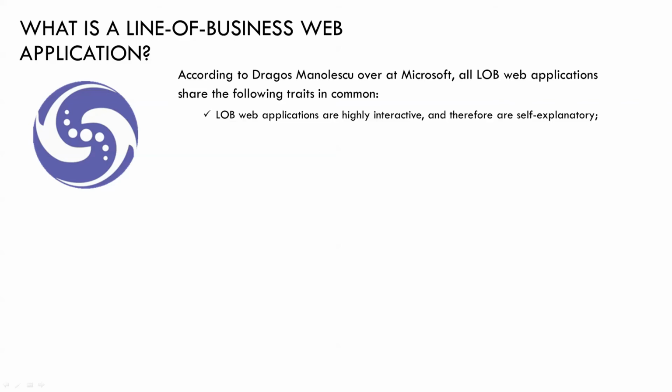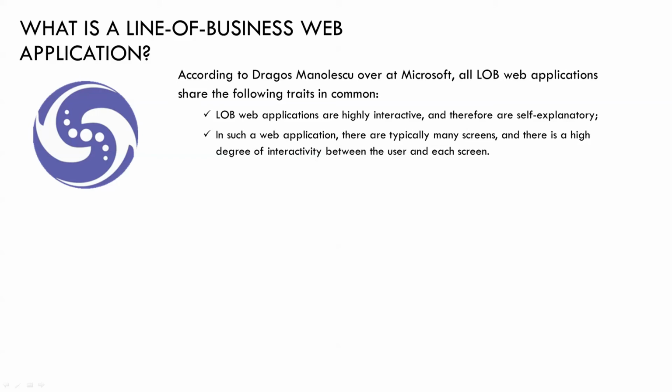LOB web applications are highly interactive and therefore are pretty self-explanatory. In such a web application, there typically are many screens, and there is a high degree of interactivity between the user and each screen. Typically, several screens are involved in a user's interaction with an LOB web application.